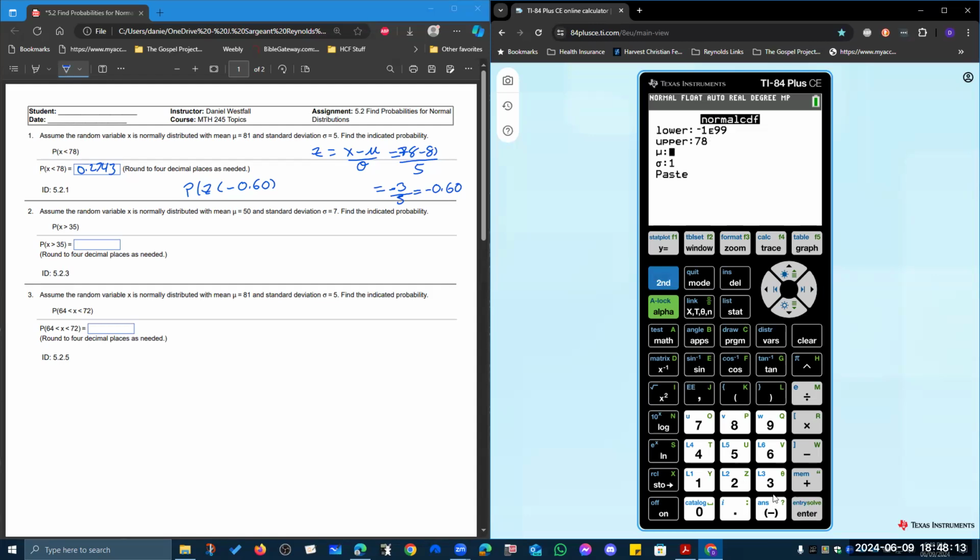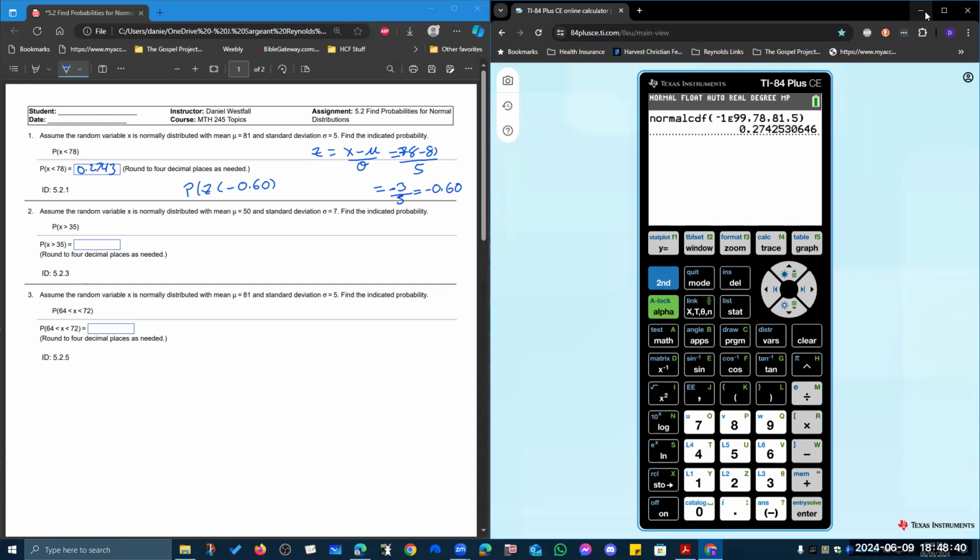Our mean is given to us as 81, and our standard deviation is given to us as 5. Paste, and 0.2743. And that's exact to 4 decimal places. So you can do greater than, less than, and between with the calculator.